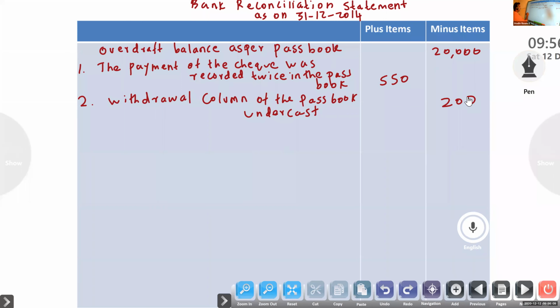Next, third one. Check debited in the bank column of the cash book, but it was not sent to the bank at all. Means a check paid into bank.